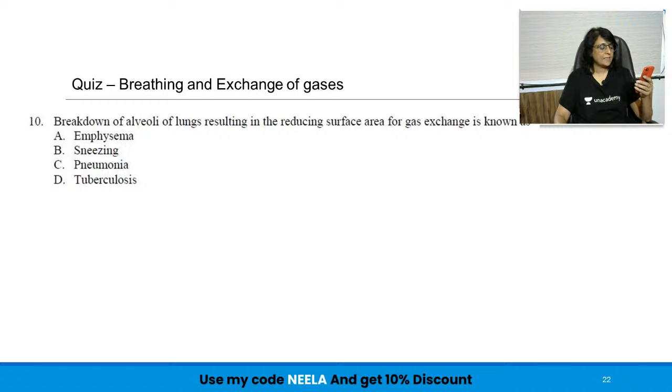Ayush has given the answer as A. Zara says A. Okay, Madhu also says A. Kavipriya, Reena, Darshini, Suchitra, Achyut, Anju, everybody is saying A. This is easy. So all of you got it correct. Okay, it is breakdown of alveoli because of that inflammation, the tar which gets deposited, and that condition is called emphysema. Very good.